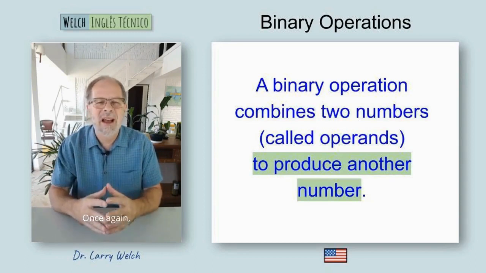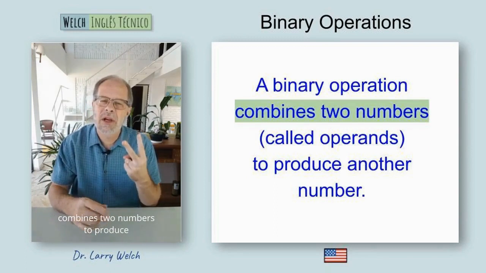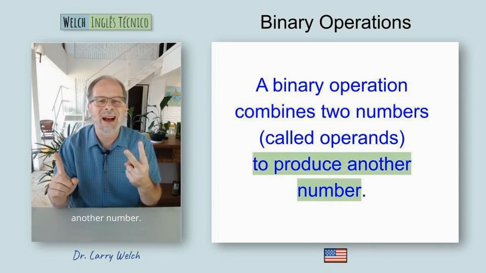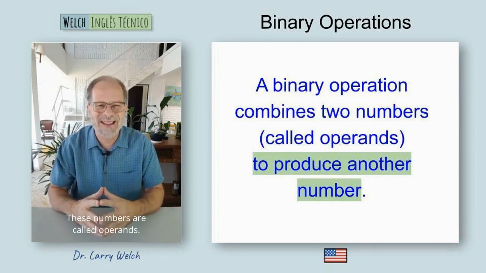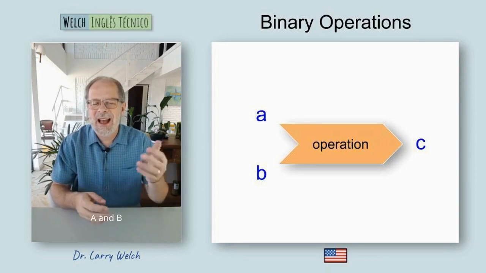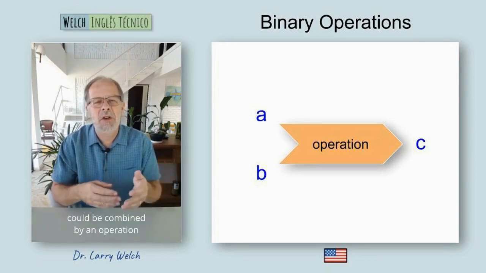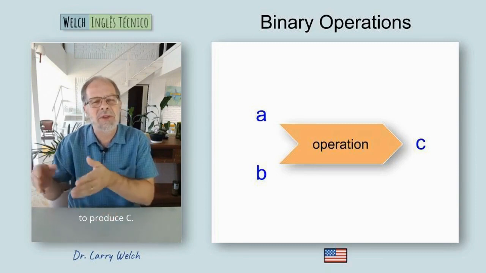Once again, a binary operation combines 2 numbers to produce another number. These numbers are called operands. For example, A and B could be combined by an operation to produce C.